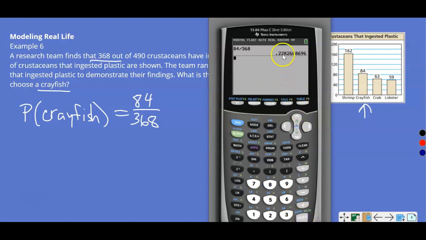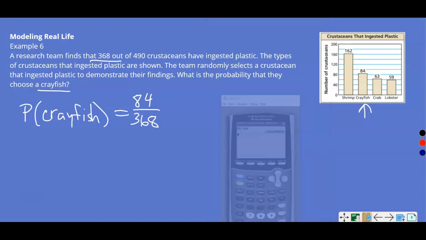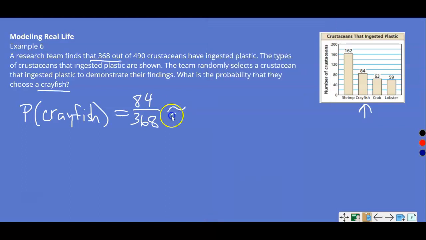And that's going to be about 23%. So the probability that the research team chooses a crayfish out of this number is about 23%.